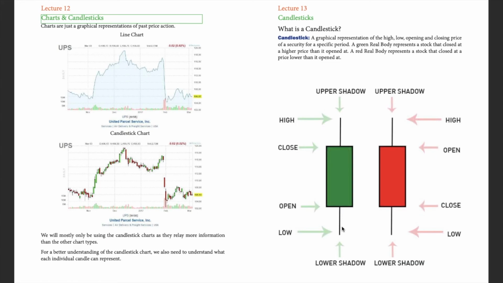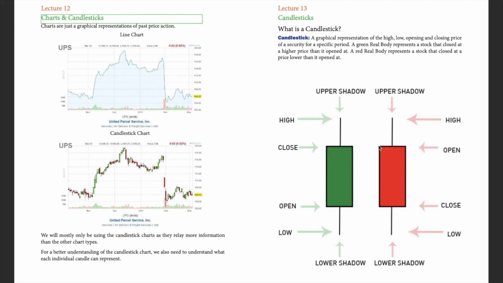Basically the candlestick represents the whole idea of supply and demand, and we'll use different technical strategies on different time frames. We'll get into these time frames in coming videos.